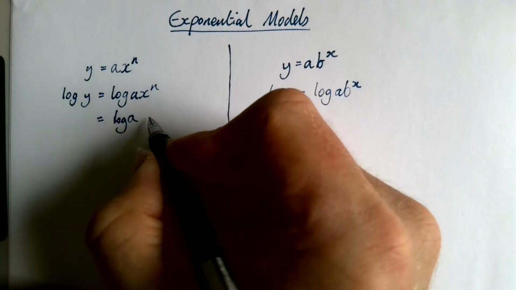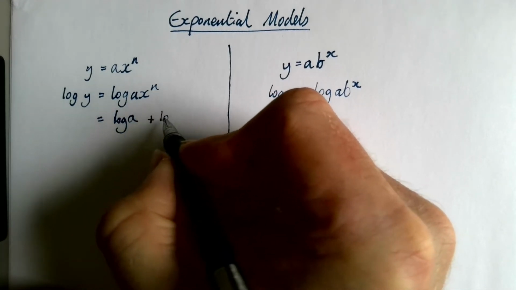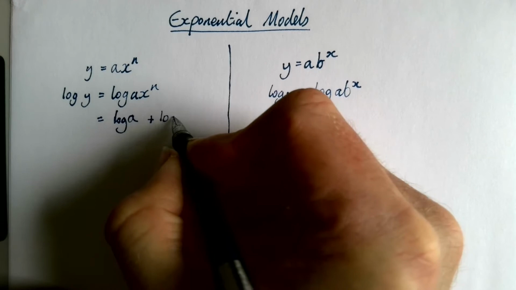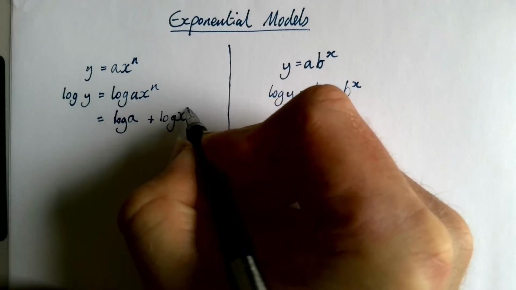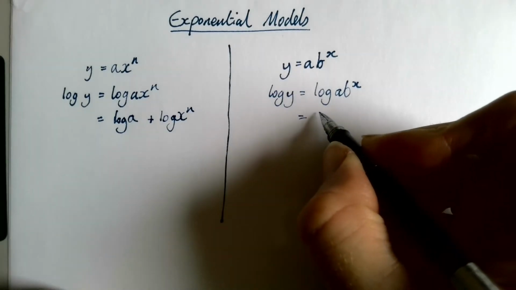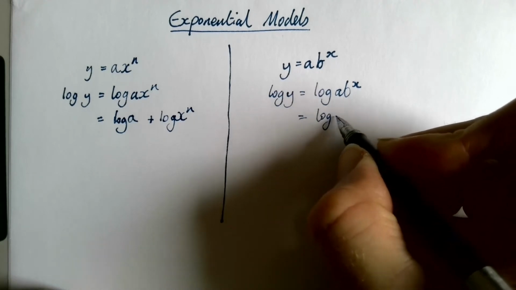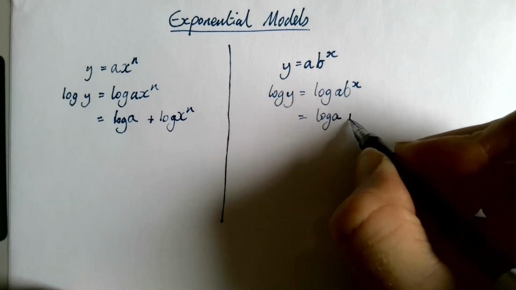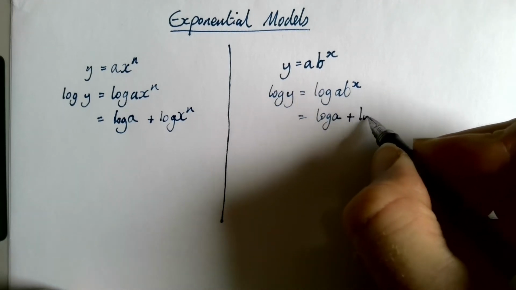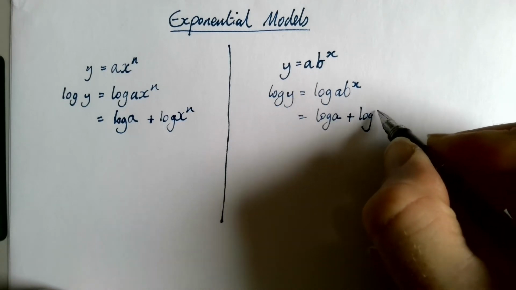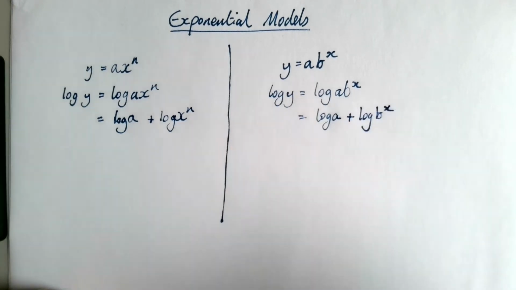It's all to do with that. So we can say that that becomes log a plus log x to the power n. And this one over here, we can say that becomes log a plus log b to the power of x.